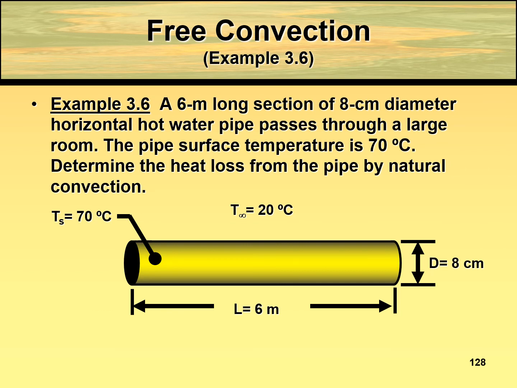So this is an example of free convection that focuses on a 6 meter length of hot pipe section in a large room. The pipe surface temperature is 70 degrees Celsius and the free stream temperature is 20 degrees Celsius. The diameter of the pipe is 8 centimeters.